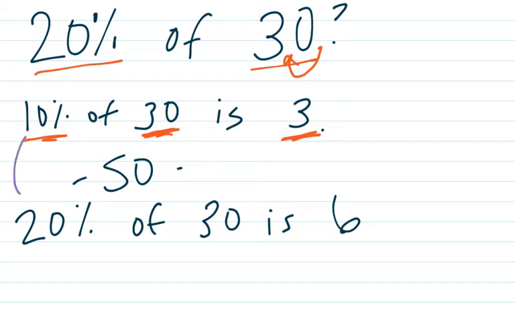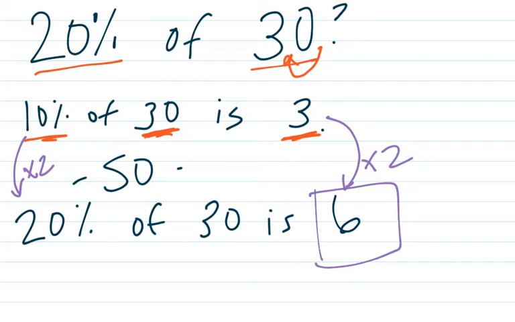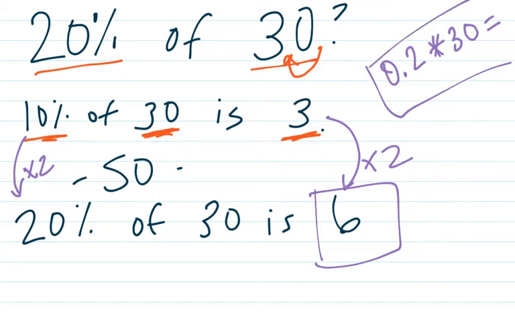But to get to 20%, I have to double that. So 20% of 30 is going to be 6. If you want to check me and make sure I'm correct, you can rewrite 20% as a decimal, 0.2, times 30 and check what that equals in your calculator. Okay? But we can do that quickly with mental math if we know how to find 10% of a number.